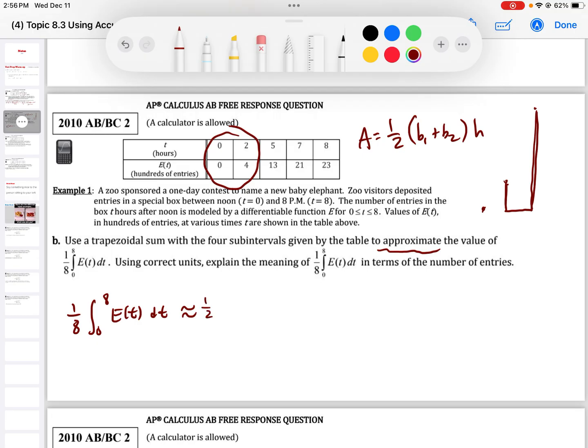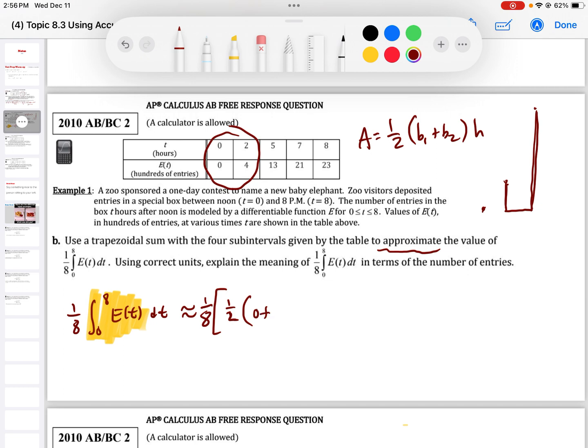And then the height is going to be the distance in between the two x numbers. So this would be 1/2. Actually, there's an extra 1/8. 1/8 of all of this. So I'm finding the area bounded by the curve using trapezoid approximations. That 1/2 is just extra out in front. Okay, so I think I said 1/8.